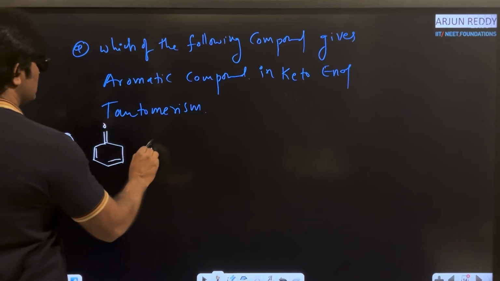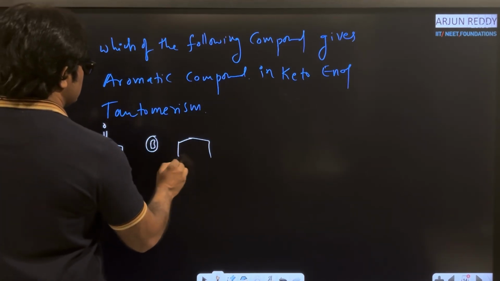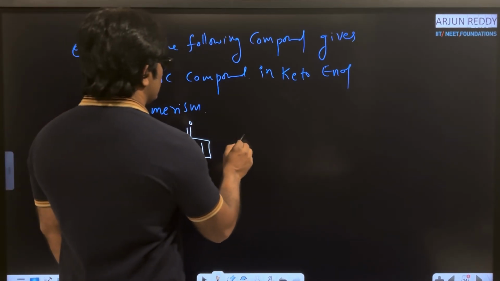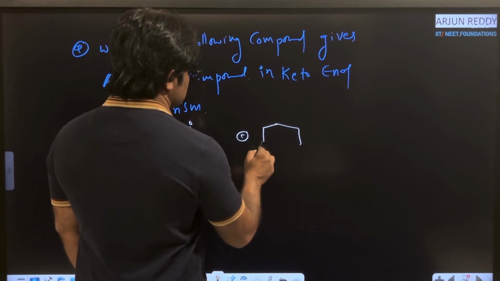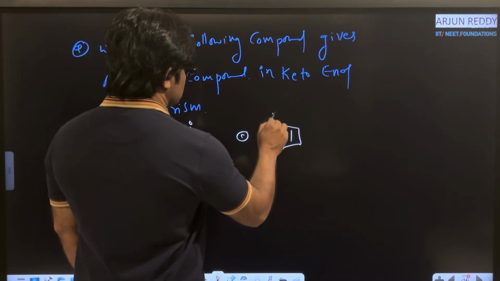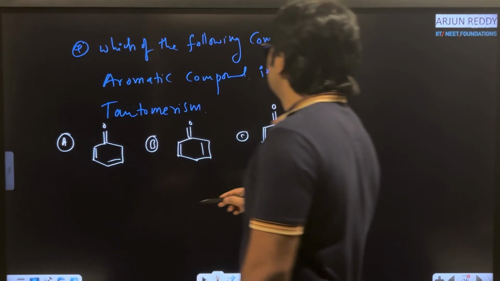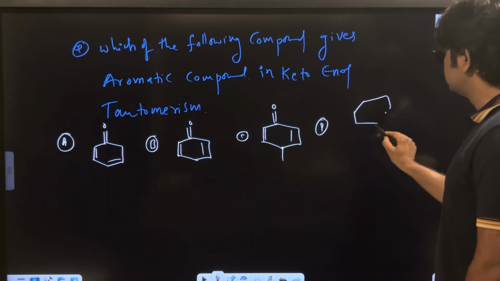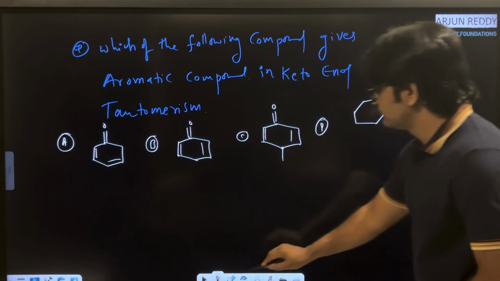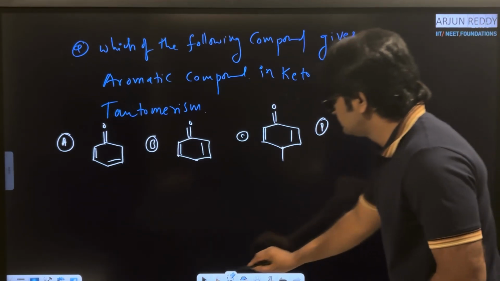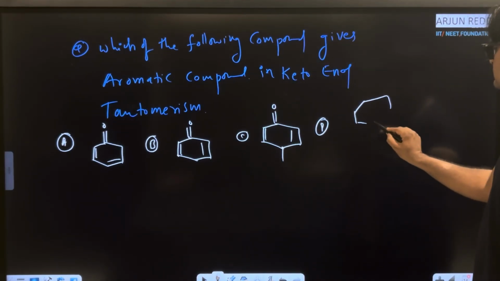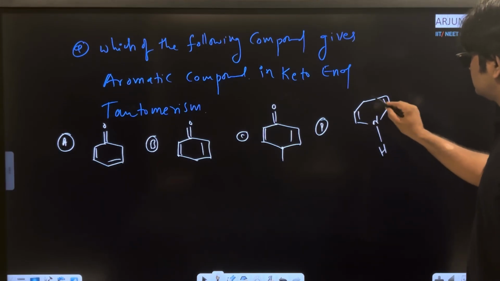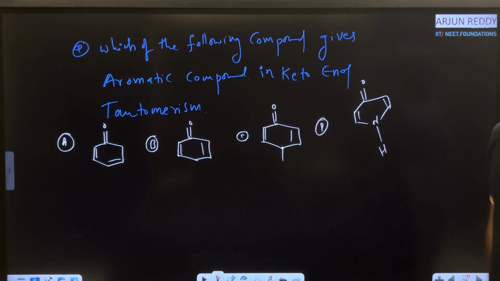double bond O, and B is like this, pi bond, double bond O, and compound C methyl, compound D, okay.